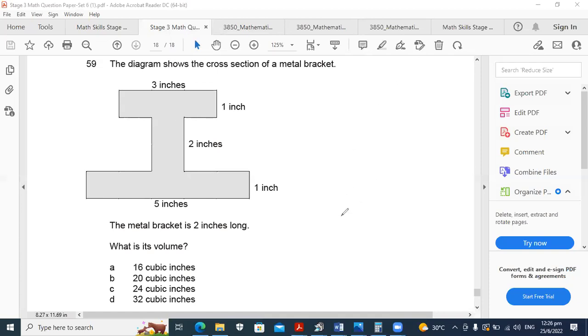Let me just erase all of that. Well, I mean, what do we know? All right, we know that all of this is how long? 5 inches. It's 5, not true?